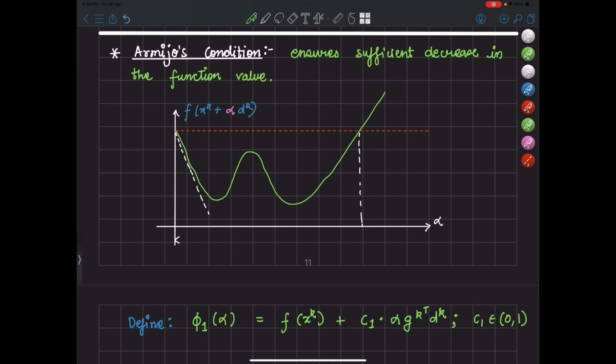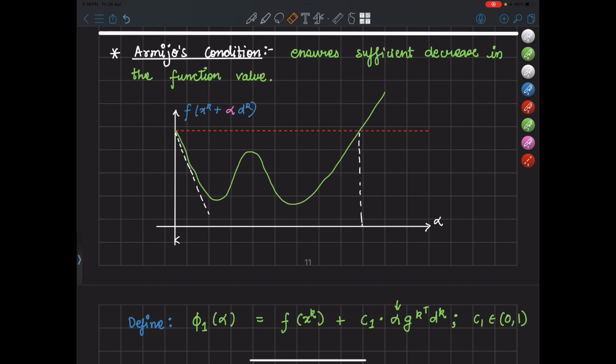So basically this is a line. If alpha is a variable, for a given xk and dk, these two are constants. Please remember, we have been given a dk, the descent direction, and we also know the xk, so at that point the gradient is also constant. And this is also constant because we are finding it for a given xk, and only alpha is a variable. So this is a straight line.